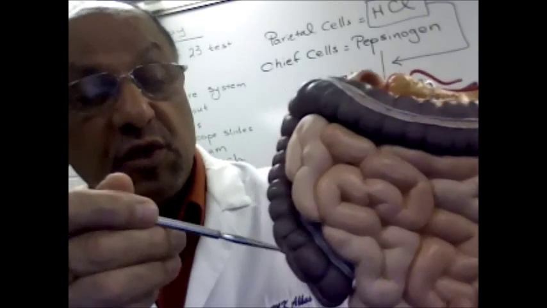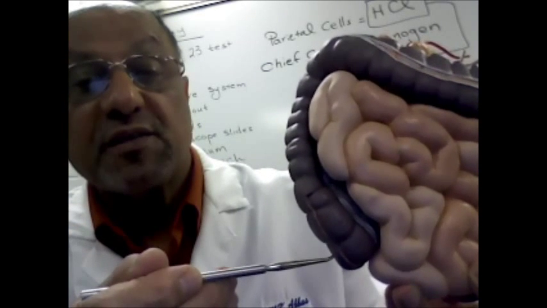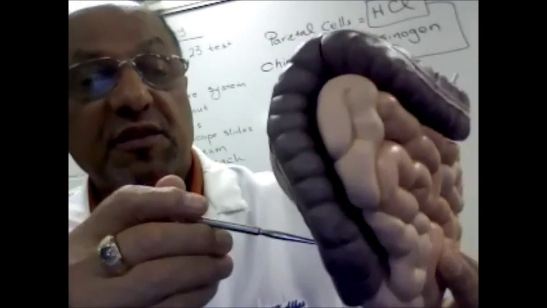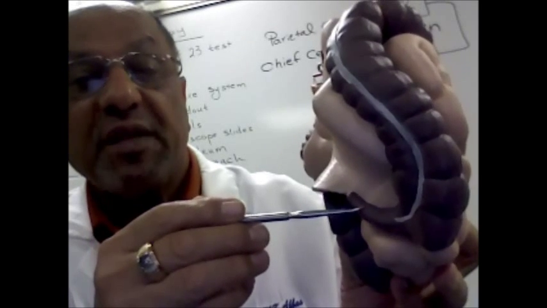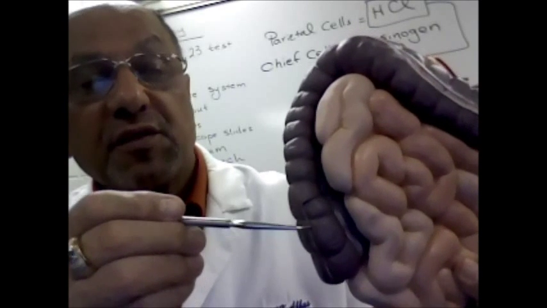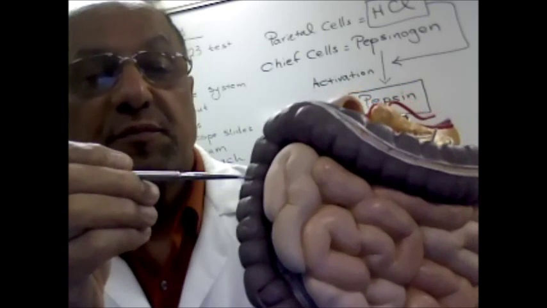The ileum will connect to the large intestine, and the area where it connects is known as the cecum. At the end of the cecum, if I turn this around, we have the appendix. Then the cecum is connected to the ascending colon.